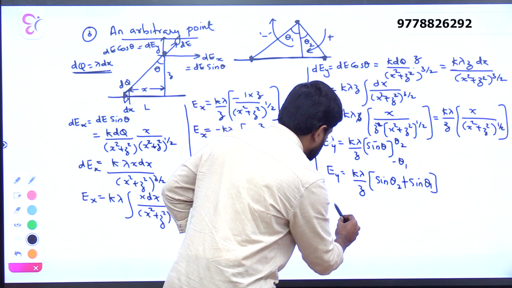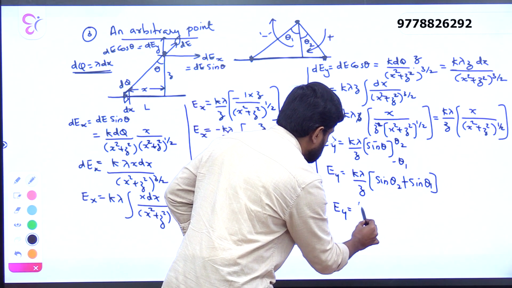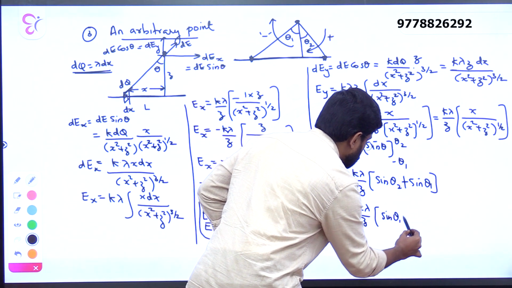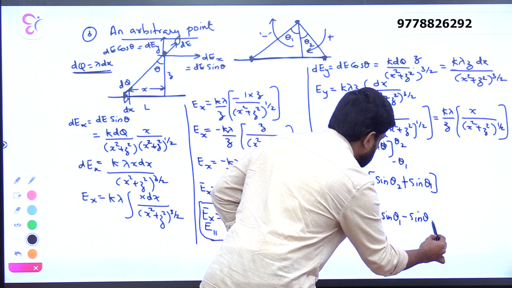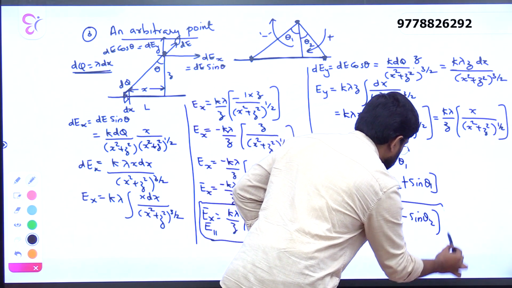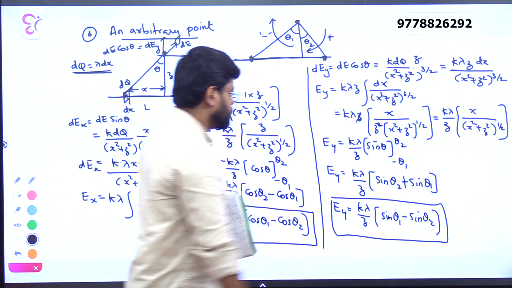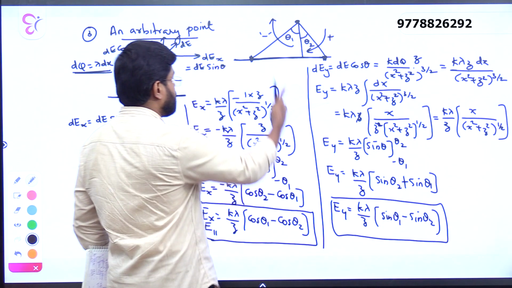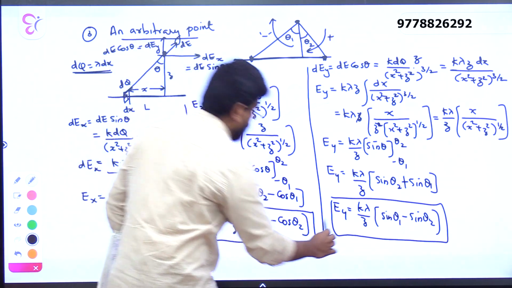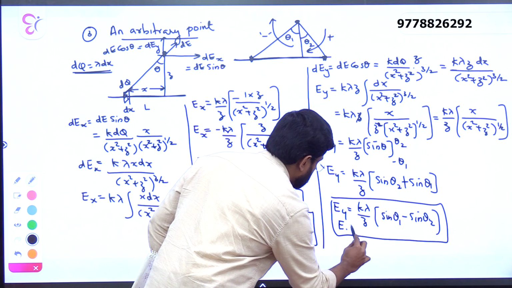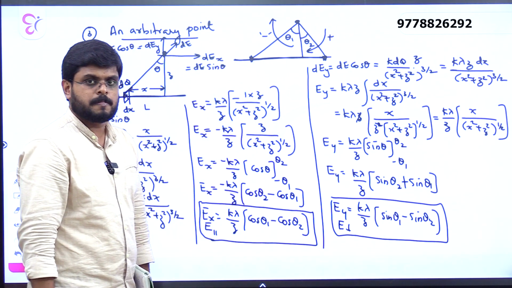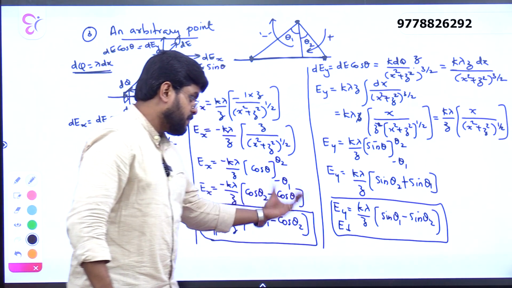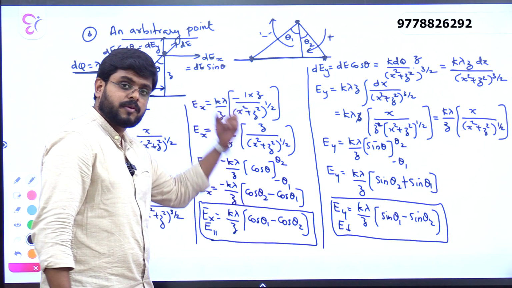So you got Ey as k lambda by z into sine theta 1 minus sine theta 2. Is it clear? So you got the value of Ex and Ey. Ey is perpendicular to this rod, so we call it the perpendicular component of electric field, E perpendicular.